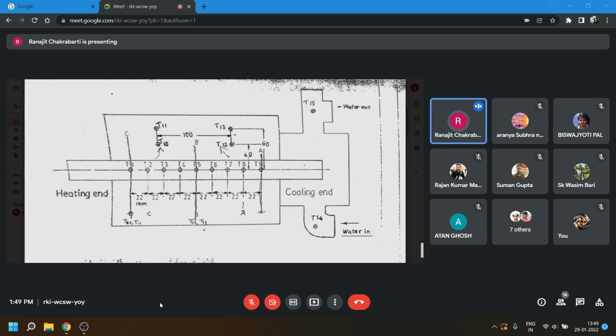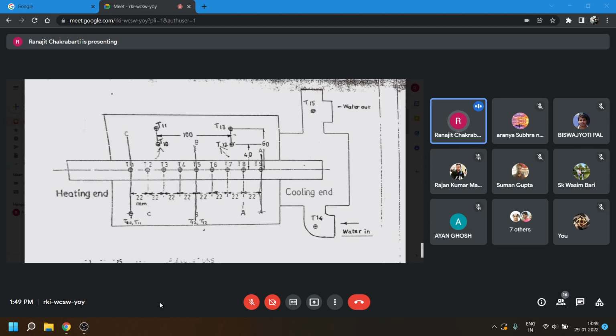Now, through this rod, we are not assuming any heat transfer in the other directions. But from this surface, we are considering heat flowing in the radial direction through this insulating material.